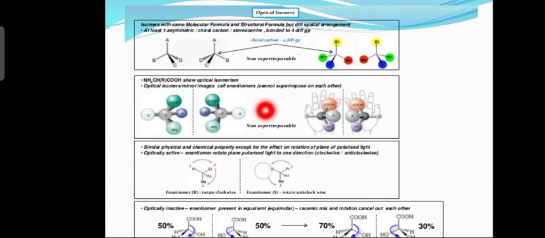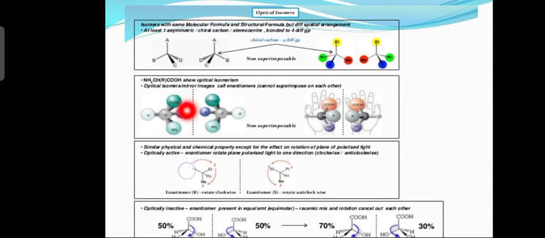Now another example, NH2CHRCOOH, also shows optical isomerism. Why? Because a chiral carbon atom is present, the carbon atom linked to 4 different groups. Which are the 4 different groups?